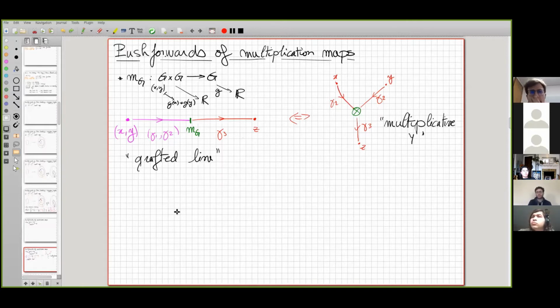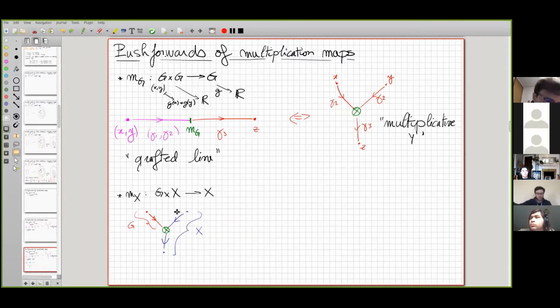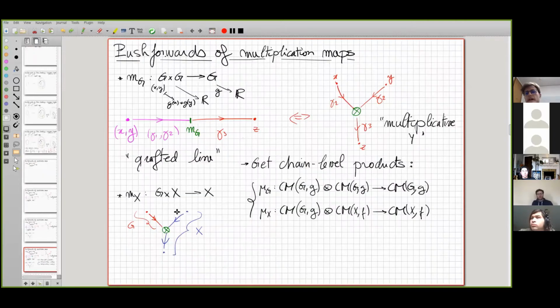So that's for the group. And then you have the action on G times X. And then here you would count something very similar, except that what's in red will happen in the group and what's in blue will happen in X. Okay. So the previous construction now gives you chain level products.